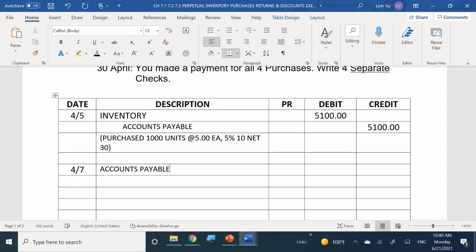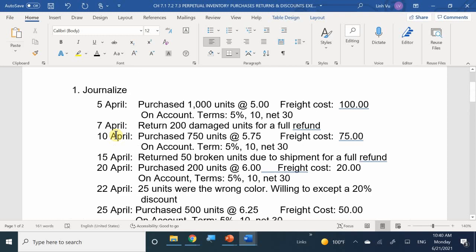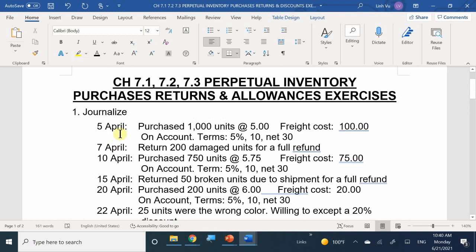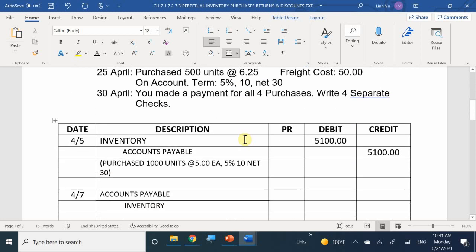So the automatic assumption is I'm going to reduce the amount that I owe, and we take it away from inventory. I am returning a total of 200 damaged units at $5 each. How much am I going to get a refund for?